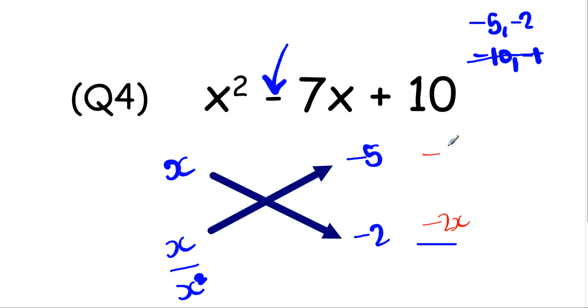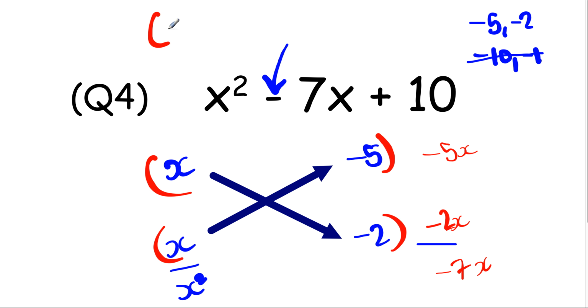X times by -5 is -5x, and they sum together to give me the -7. Just ignore this bit over here. Give me -7, and they are the factors you want. Okay, so we've got x minus 5 bracket x minus 2.